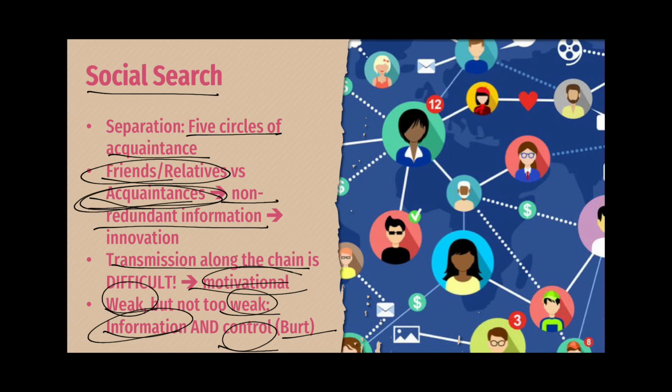Meaning, the advantage of getting to a target person through acquaintances is getting new information. But it also has something to do with the extent to which you get to control, and be able to really get your goal from that person.